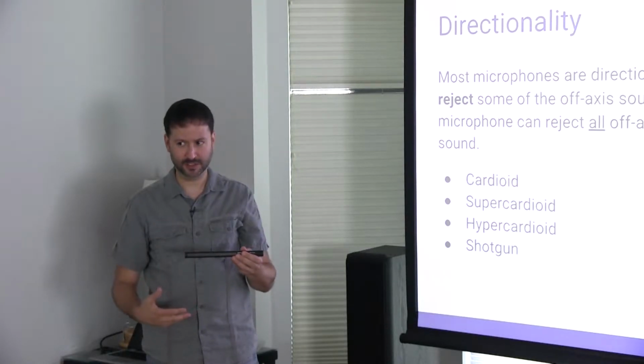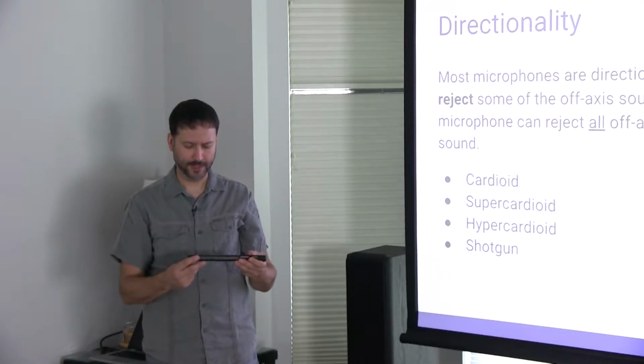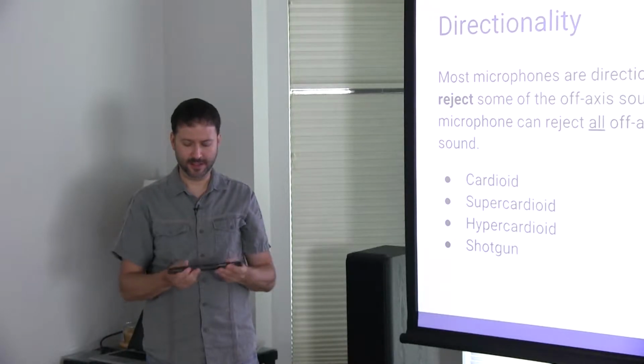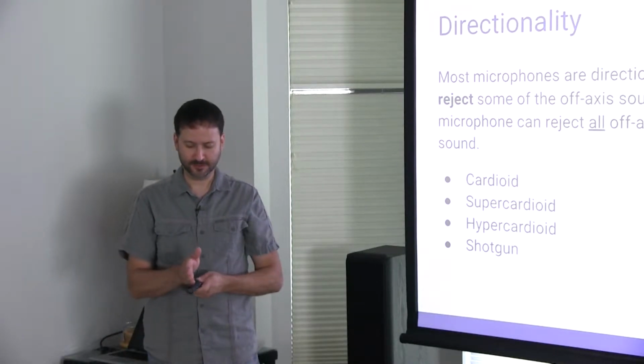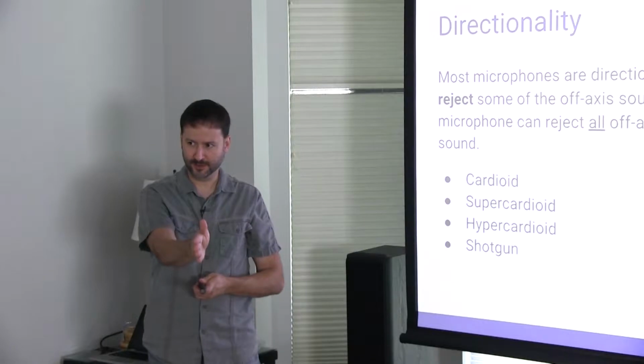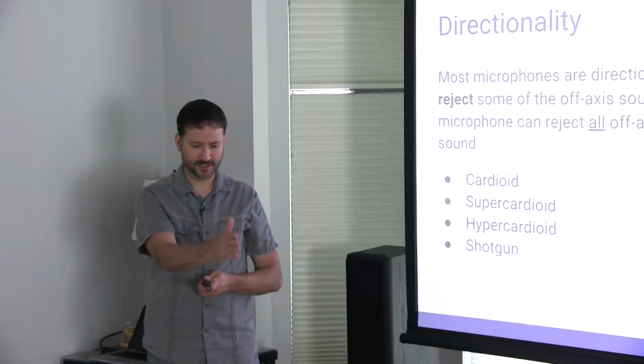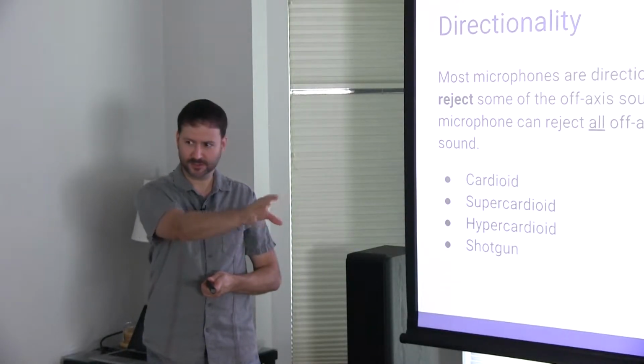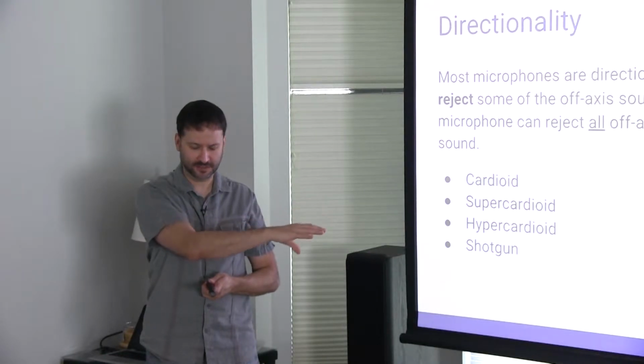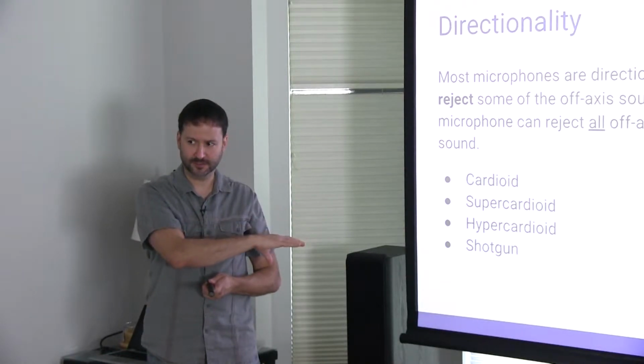I don't want to get too much into how shotgun microphones work, but the bottom line is that the sensitivity of the microphone is full in this direction, and as sound sources are farther and farther away from the axis, there's more and more rejection.